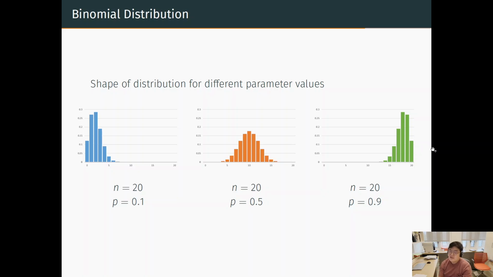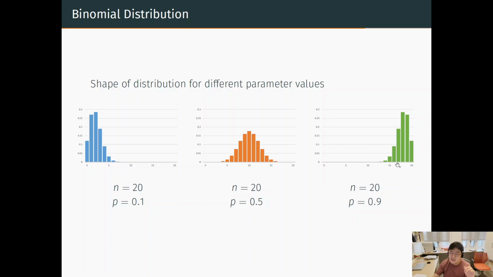And if you make a histogram based on these parameters, say I try 20 experiments with probability 10%, the distribution of success will be on the lower side because success is less likely to happen. But as the probability of success increases, the distribution will move to the larger side, like here, it's centered around 10.